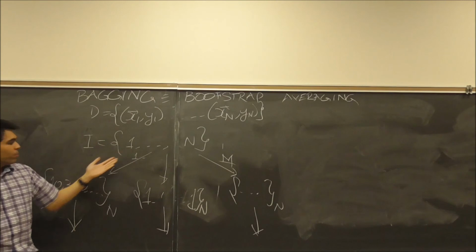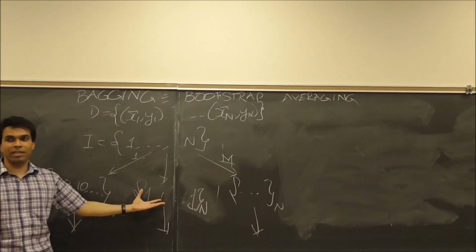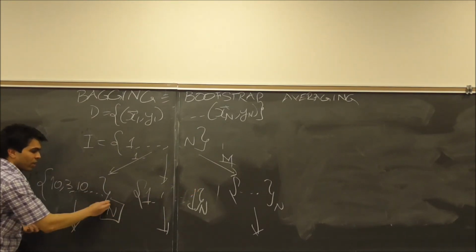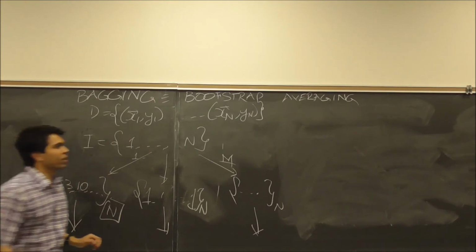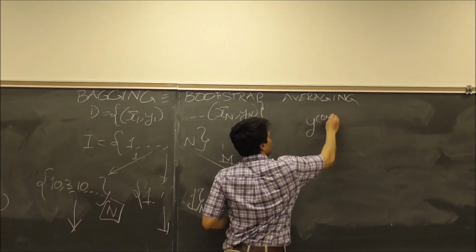Some data points get duplicated or triplicated, some get dropped, and you have multiple such data sets, all of size n. You learn your classifier on each one of those, and then you average their predictions at test time. Does that make sense? So you get a committee, if you will.